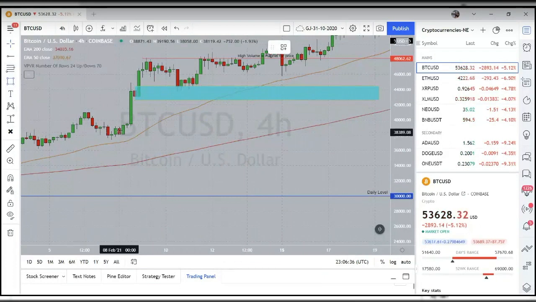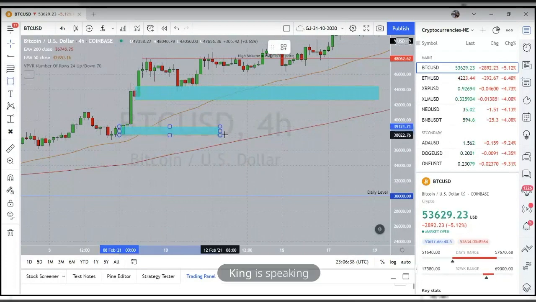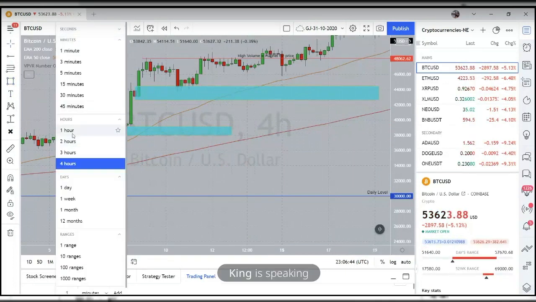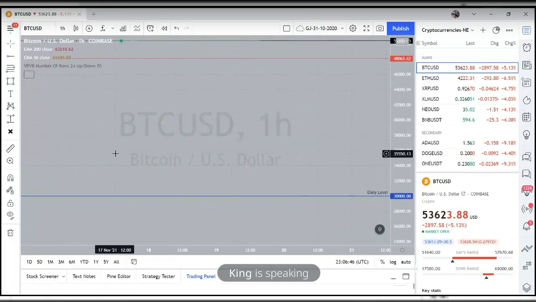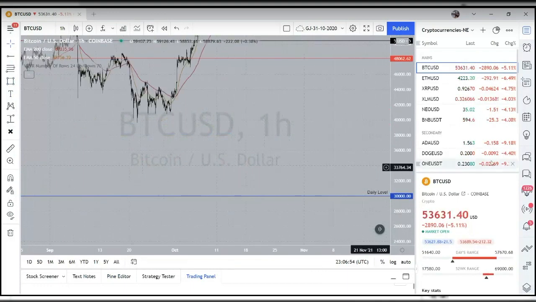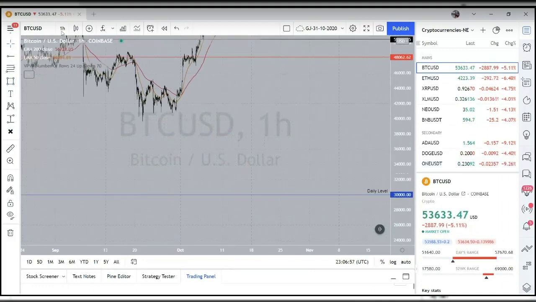As you can see, we marked out two candles on the 4 hour. I've gone down into 1 hour. So they're no longer candles, they're more like ranges of price. But what you can see is it's marking out this range or this swing before the move up.